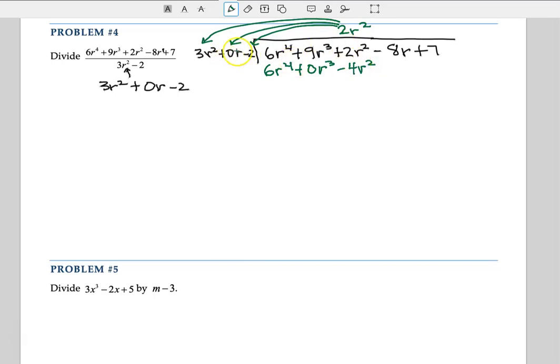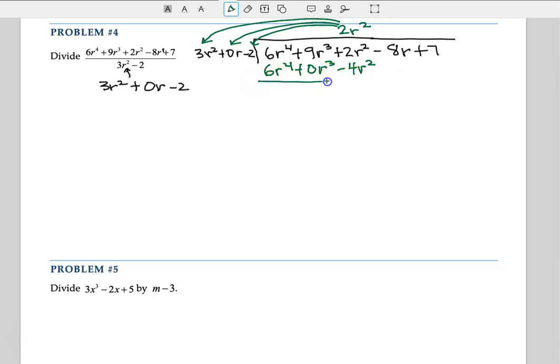Do you see, if we didn't put that 0 in there, we wouldn't have our like terms lined up? We'd end up having that 4r squared under our 9r cubed. And we want these lined up because that's how we add and subtract polynomials. We have to have like terms.